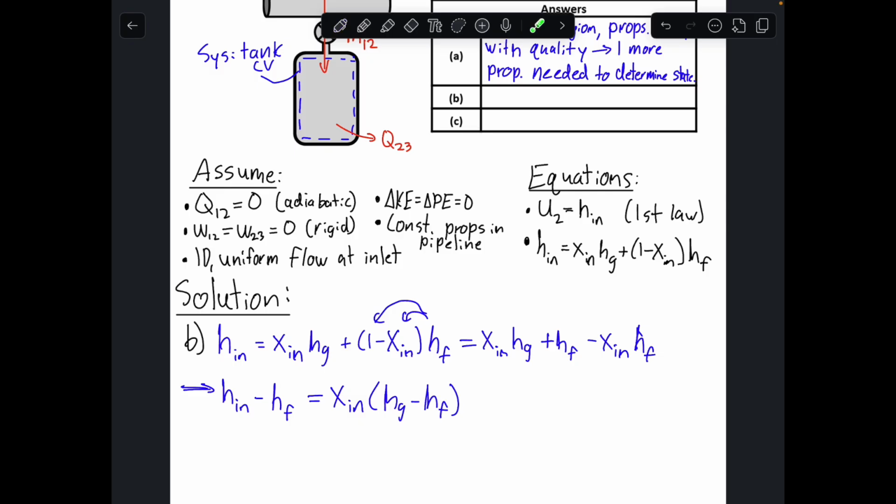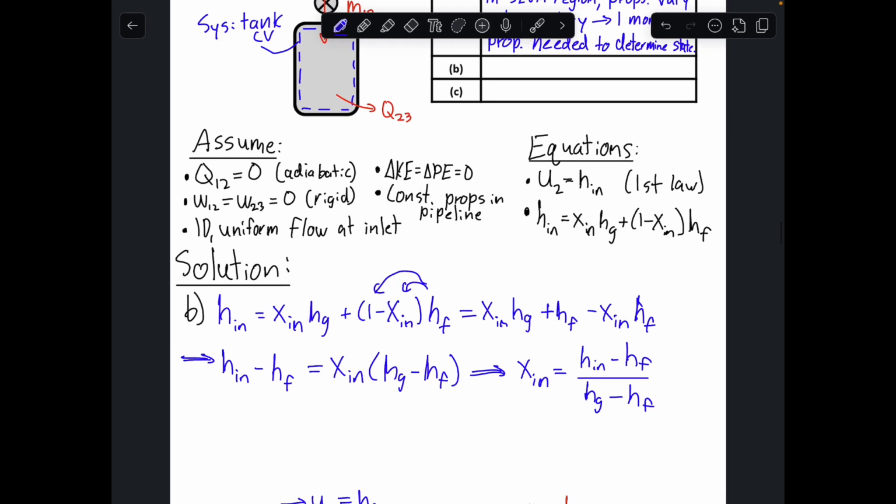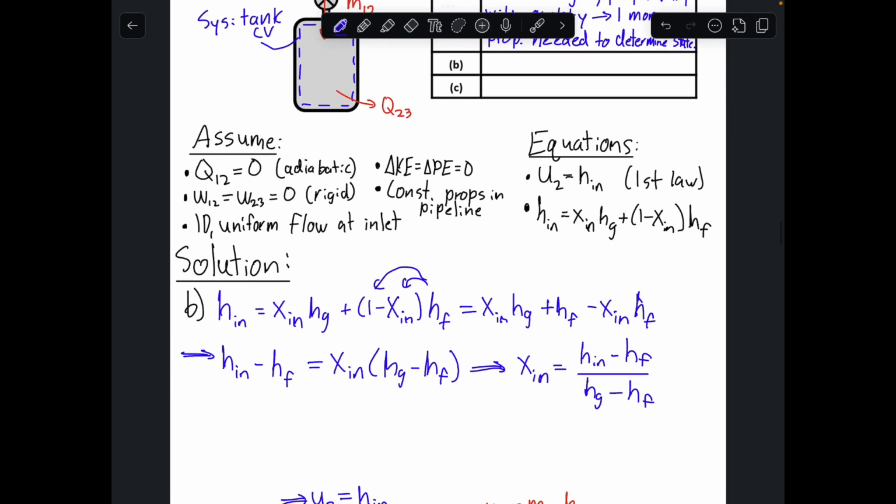And so we can rearrange to solve for X in by just dividing everything by this term here. And so finally we get X in should be equal to H in minus Hf divided by Hg minus Hf. And like I said, we can just get all of these values from the table.